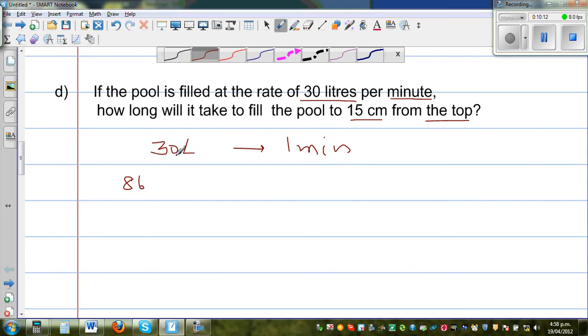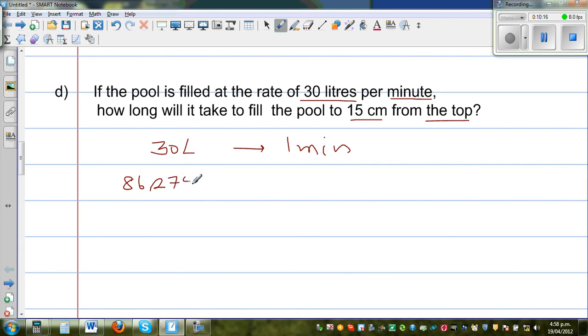So 86,275 liters, how many minutes is the question. So that would be 86,275 divided by 30. That would be in minutes. So first let us change this into minutes.